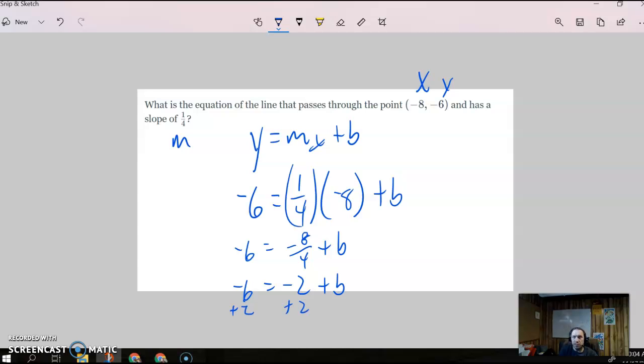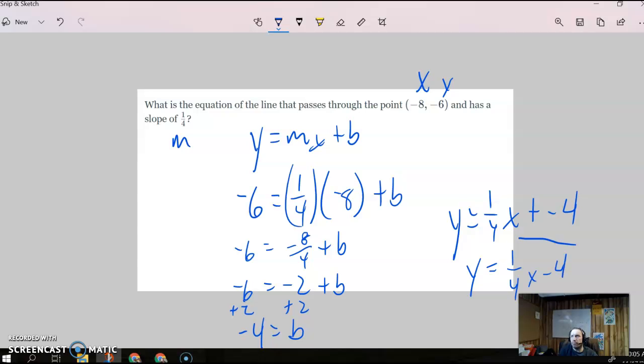Negative 6 plus 2, well, it goes back towards 0, so negative 4 is my y-intercept. So y equals my slope, 1/4 x plus, oh, my y-intercept is negative 4, so I'm going to rewrite that with the subtraction: 1/4 x minus 4. Did you get that one? All right, here's the next one.